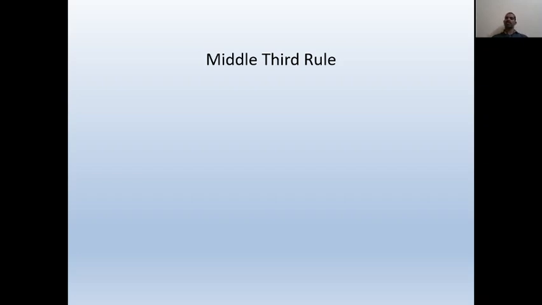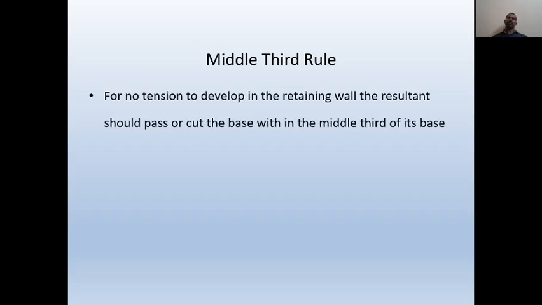That is, at the heel also you will not get any tensile stresses. That is the rule. For no tension to develop in the retaining wall, the resultant should cut the base within the middle third of its base.